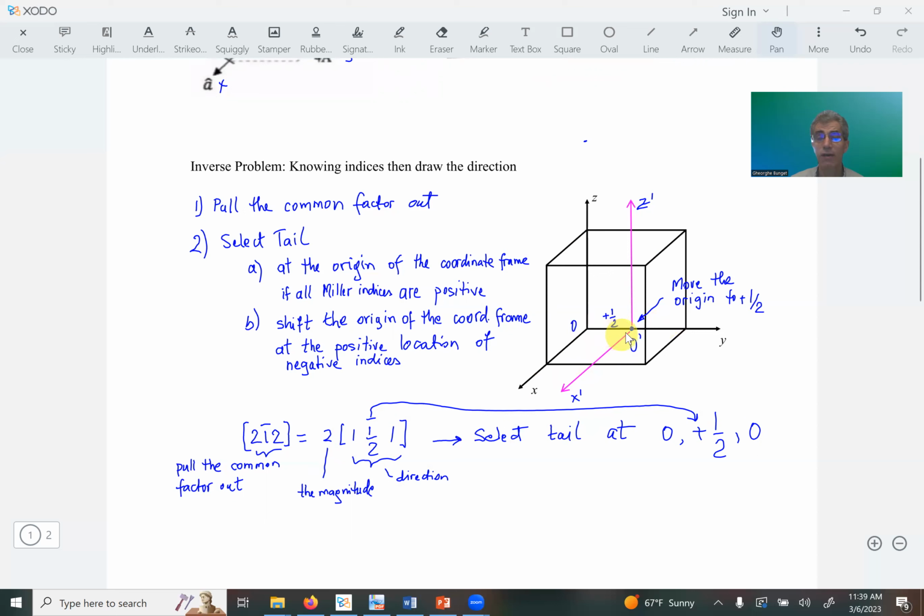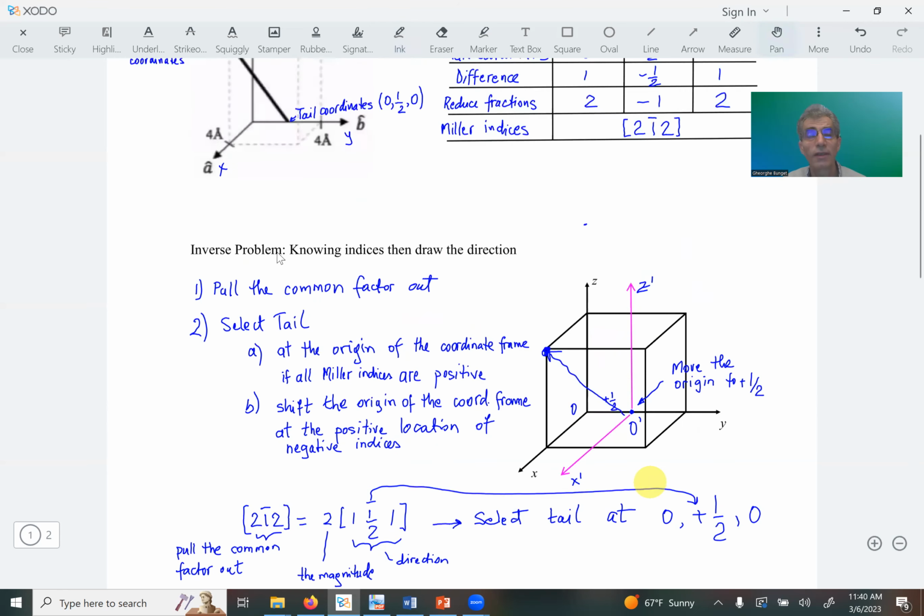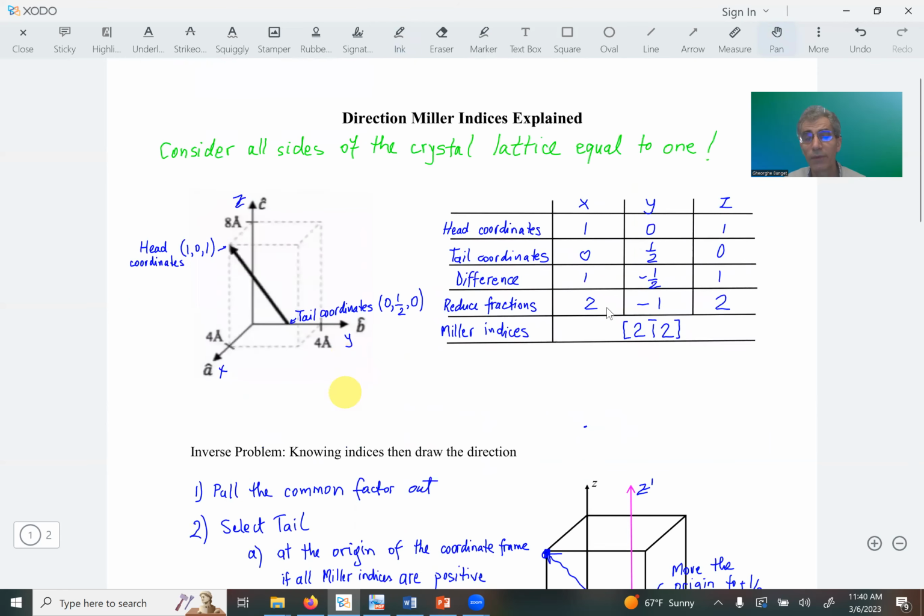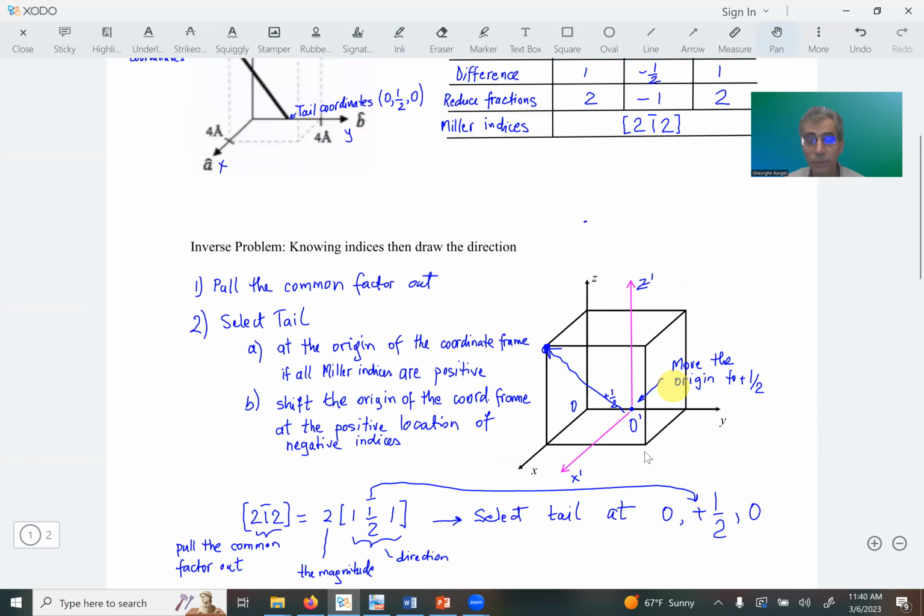That's negative 1/2 from that new origin. And along the z direction, I will have to move with 1. So that means my head is right here. It's exactly how we drew the previous one. So that's going to be the direction which we had in the first problem, 2, 1 bar, 2.